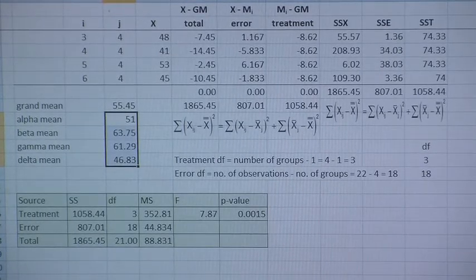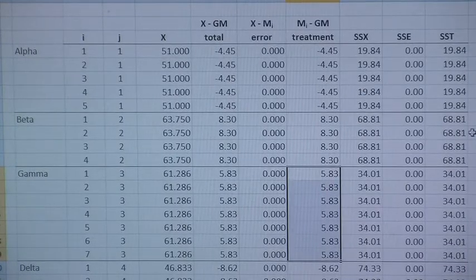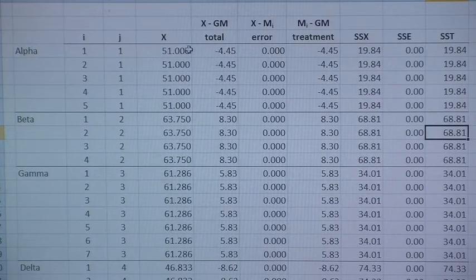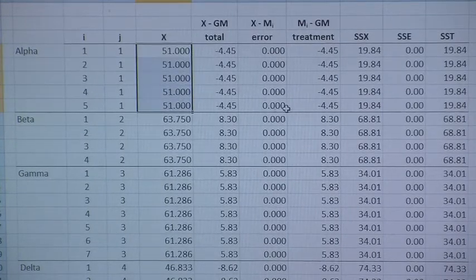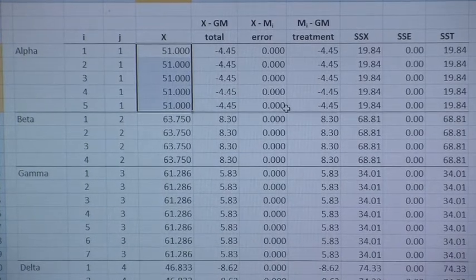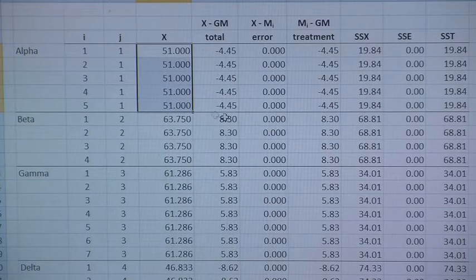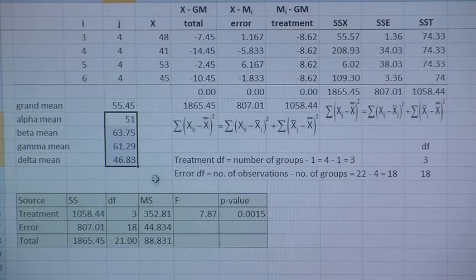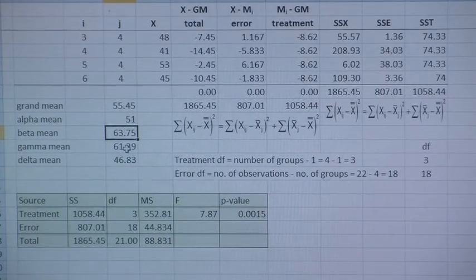And again, I'll take you back to this example here. This is an example where there's no within group variance because all of the vehicles within each group got exactly the same miles per set of tires. So within group variance is eliminated when there's no variance within the groups. Between group variance would be eliminated if each of the group means is equal to the grand mean.